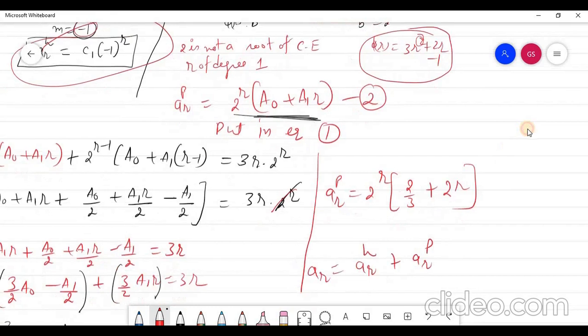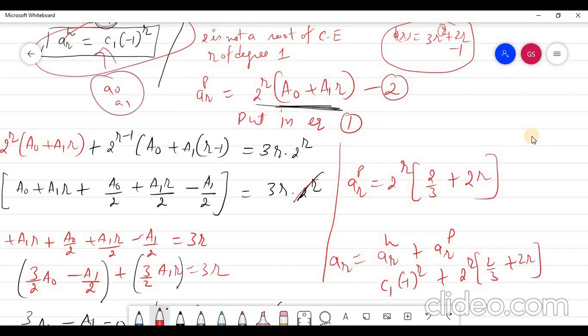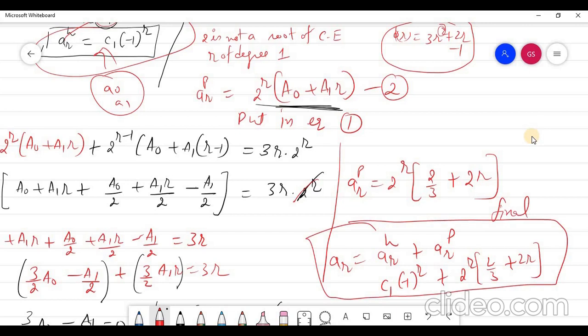So we will put here a(r) is equal to C1 times minus 1 raised to power r plus 2 raised to power r times (2 by 3 plus 2r). If we have the initial values like a0 or a1, then we can easily calculate the value of the constant C1. Suppose it is not given to us, then we can write it in this way. So this is the final solution to the non-homogeneous equation.